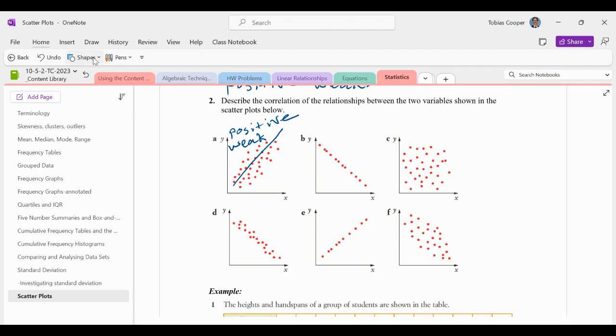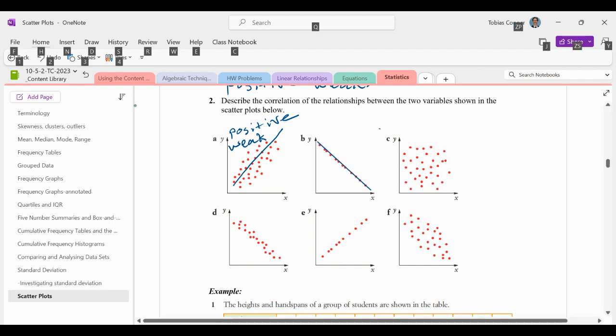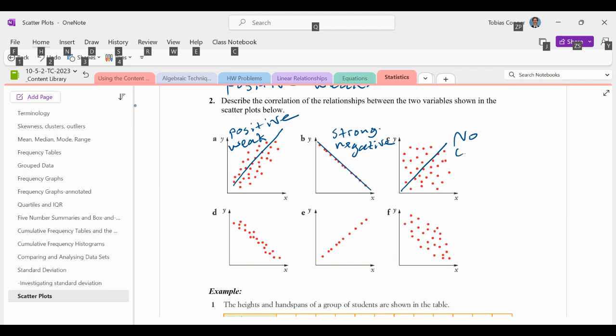So if we look at the line here, that's actually a strong correlation because they're all so close to the line or on the line. And we would call this a negative one because the line goes down from left to right. Now, I'll draw my line here, but actually no correlation here. The points are too far away from the line of best fit.